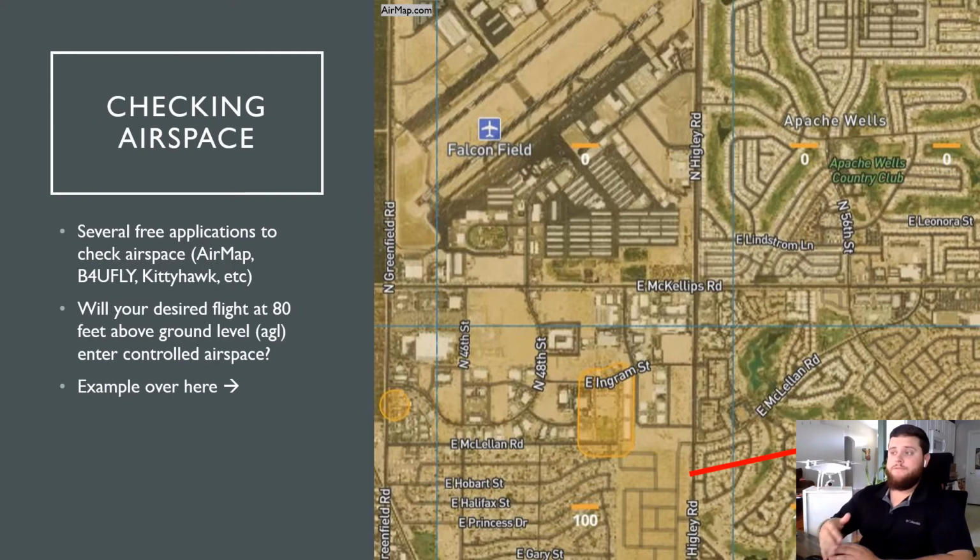I can tell you that Falcon Field is the airport closest to me, and even if we wanted to fly at 30 feet, we would still have to obtain authorization. It's issued very quickly. And just because we obtain authorization, let's say to fly 150 feet to cover this golf course, it doesn't mean that every aircraft in the air is aware that you're flying your drone there.